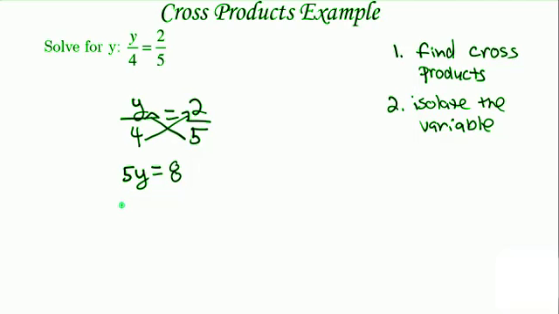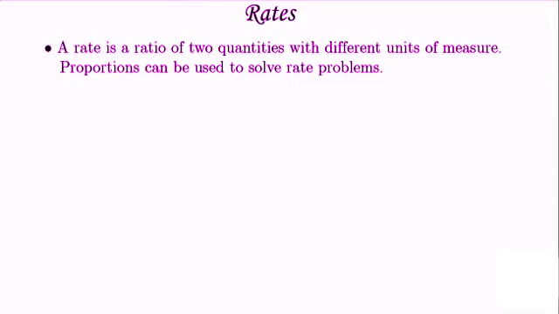So we're going to use the multiplication or division principle and divide both sides by 5. I now have the y isolated on the left, and the answer would be y equals 8/5. This is a simple example of using cross products in order to solve a proportion.